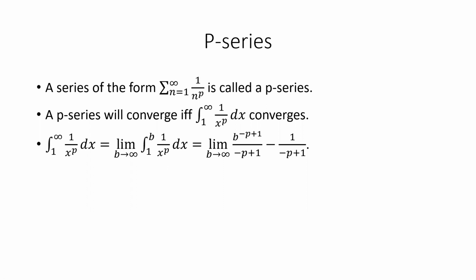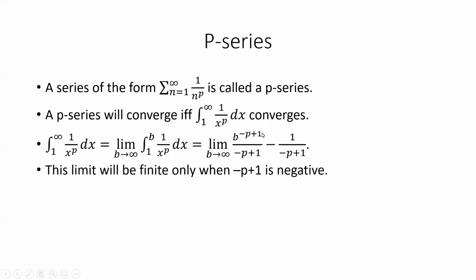And we want to see, well, when does this converge? Well, it's going to converge if this b term goes to 0, which is going to happen when its exponent is a negative exponent. Okay, so that limit's only going to be finite when minus p plus 1 is negative, or another way of saying that is p has to be greater than 1.